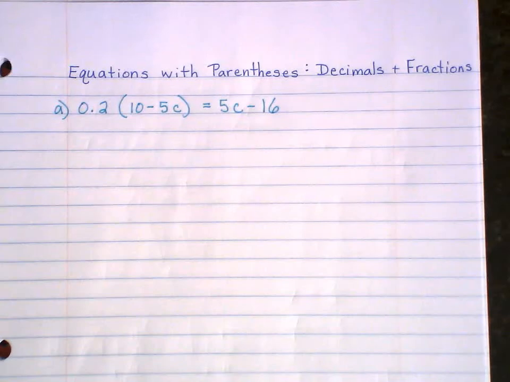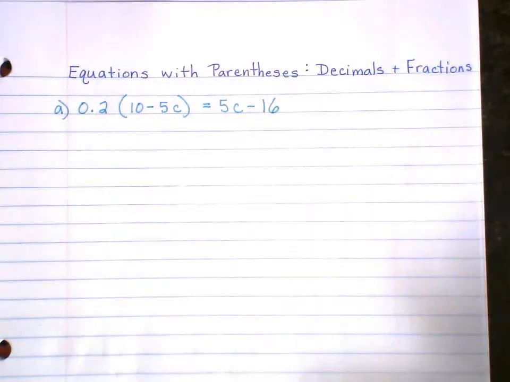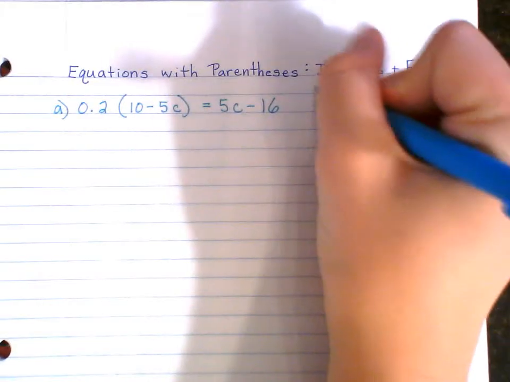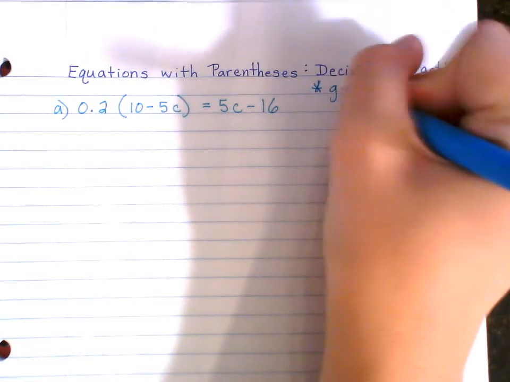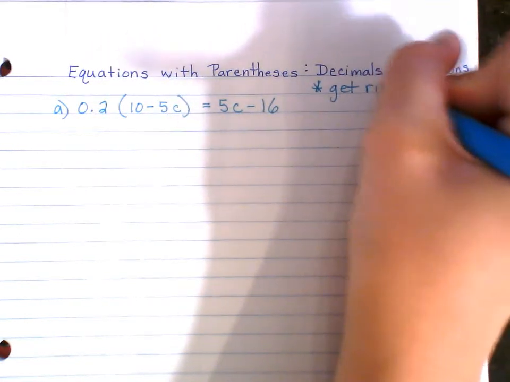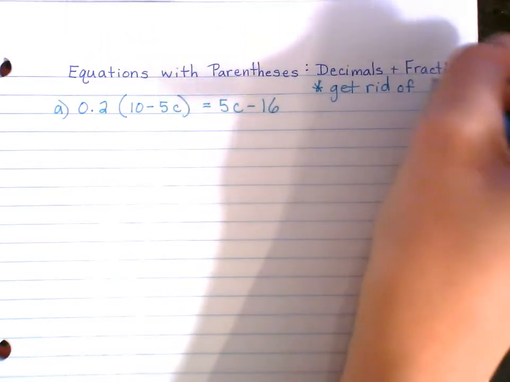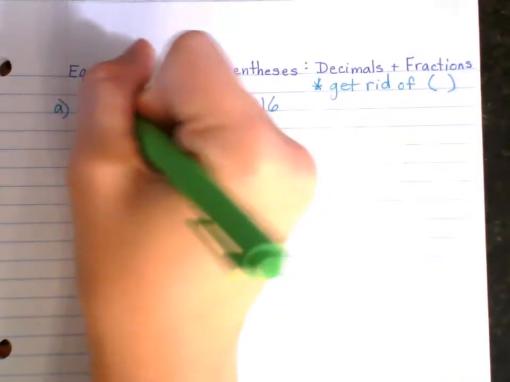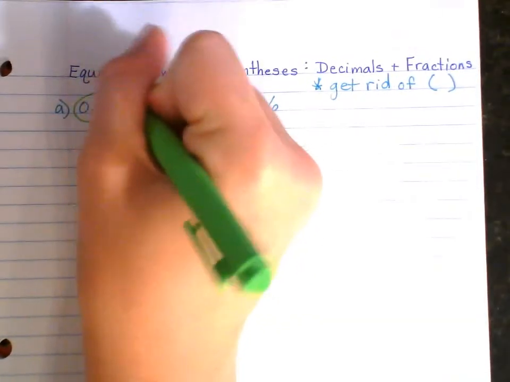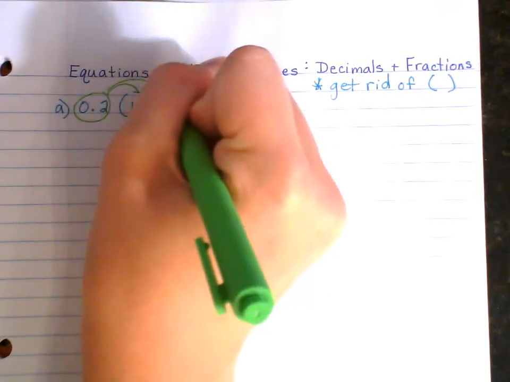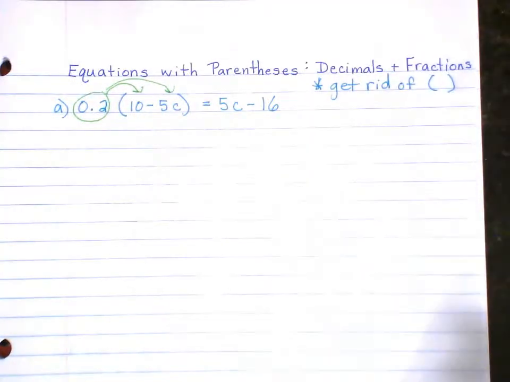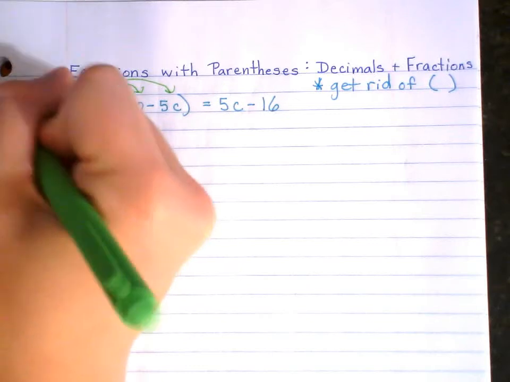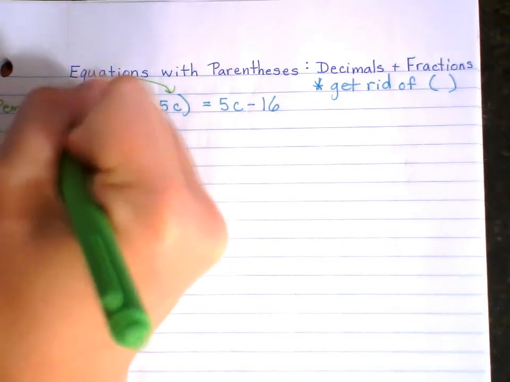Now the first step is really just get rid of the parentheses. And remember, parentheses means multiply or distribute. So you do need to follow, of course, PEMDAS, order of operations.